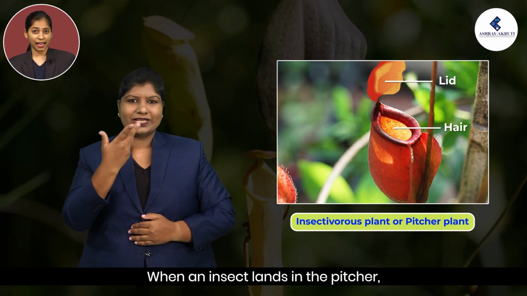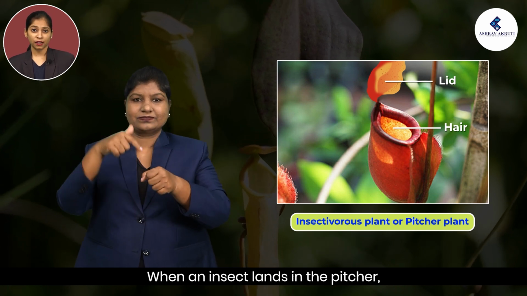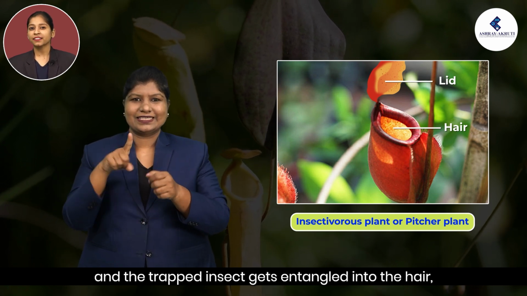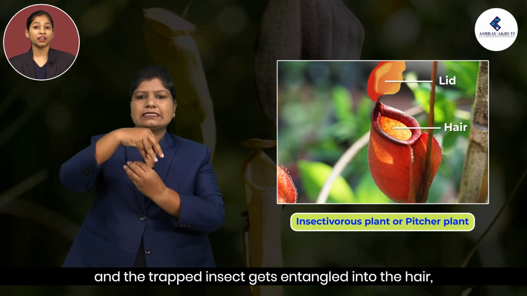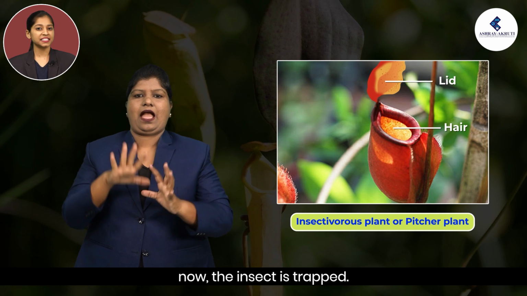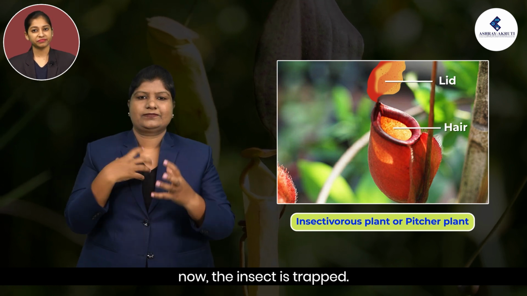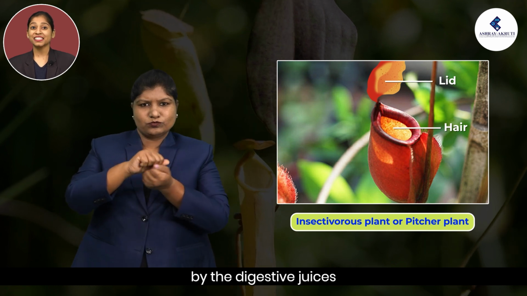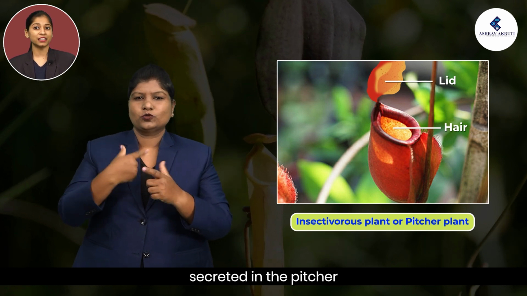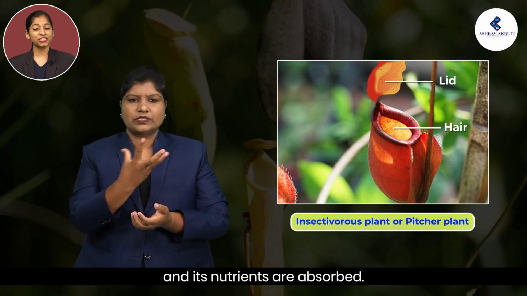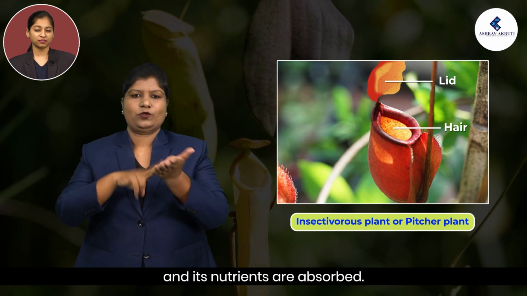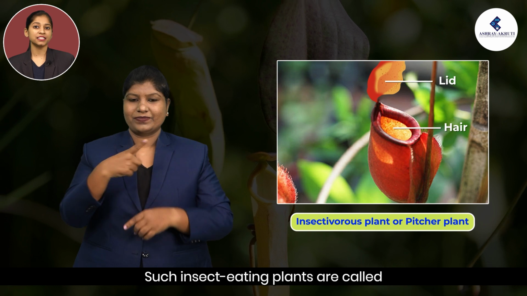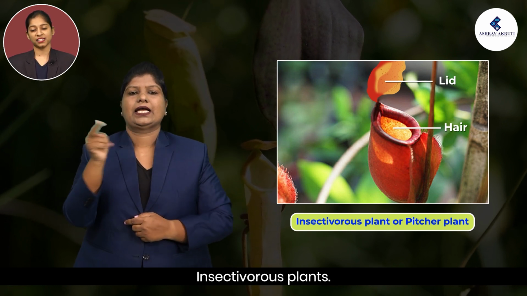When an insect lands in the pitcher, the lid closes and the trapped insect gets entangled into the hair. Now the insect is trapped. The insect is digested by the digestive juices secreted in the pitcher and its nutrients are absorbed. Such insect-eating plants are called insectivorous plants.